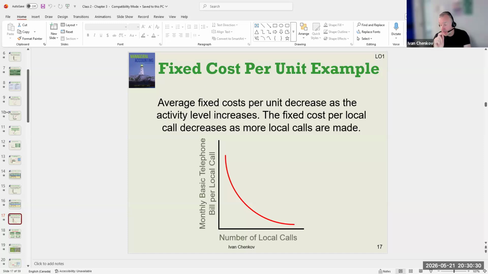Now listen to this. I understand this because I'm teaching this subject. I understand that you have to make your fixed cost work for your benefit by using the fixed cost as much as you can, so you can reduce the cost per single unit.